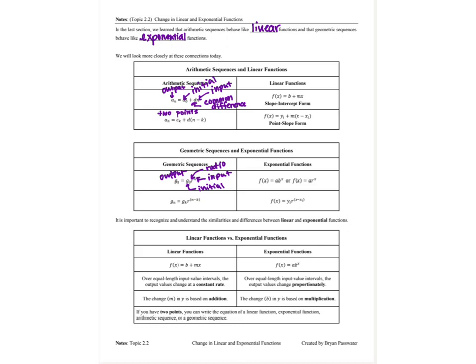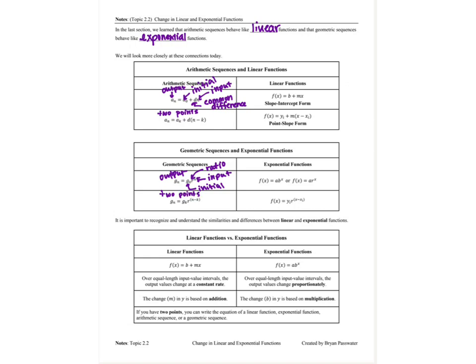Probably the most useful of the geometric sequences is the second one: G sub n equals G sub k times R to the n minus k. Why would that be useful? If I have 2 points, this is the one I want to use.